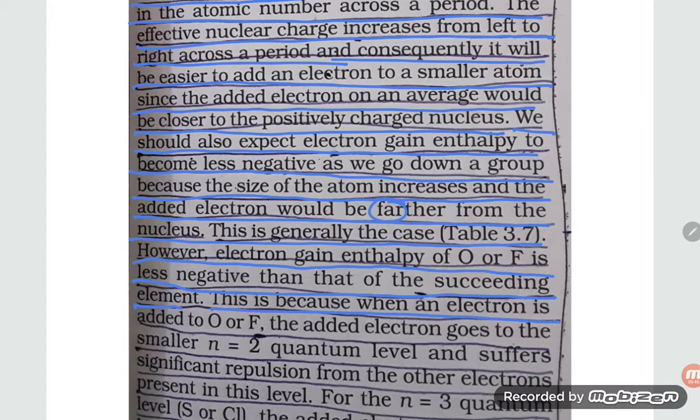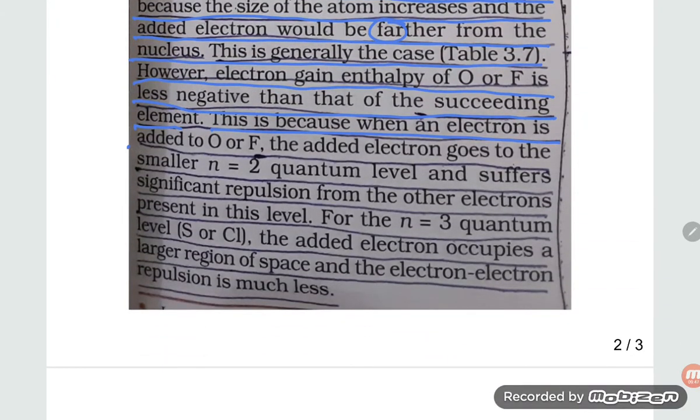This is because when an electron is added to oxygen or fluorine, the added electron goes to the smaller n equal to 2 quantum level and suffers significant repulsion from the other electrons present in that level. For n equal to 3, the added electron occupies a larger region of space and the electron repulsion is much less.